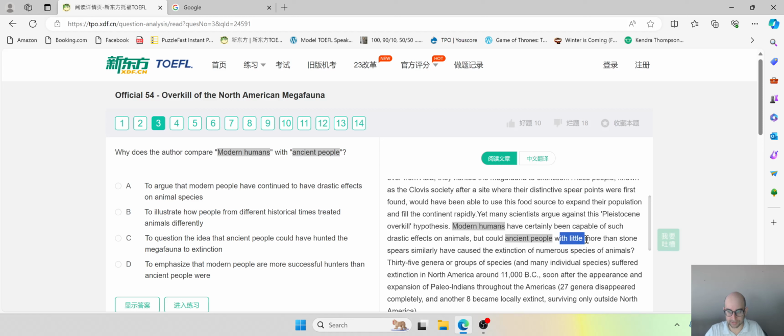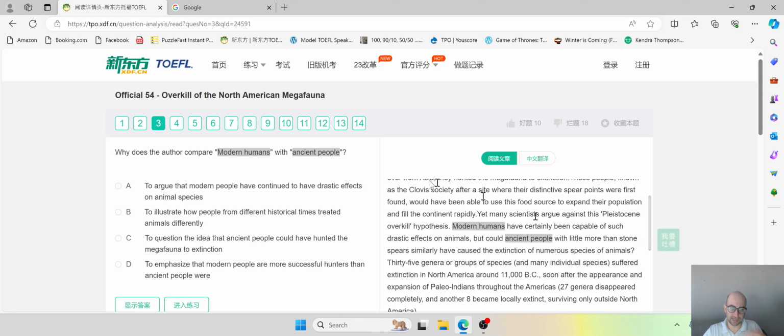With little more, now treat the words, especially the content words like nouns, verbs, adjectives, adverbs, with a little bit of respect. Focus on them, know what they do. So little more than stone spears, okay, so these are the weapons they had, similarly have caused the extinction of numerous species of animals.